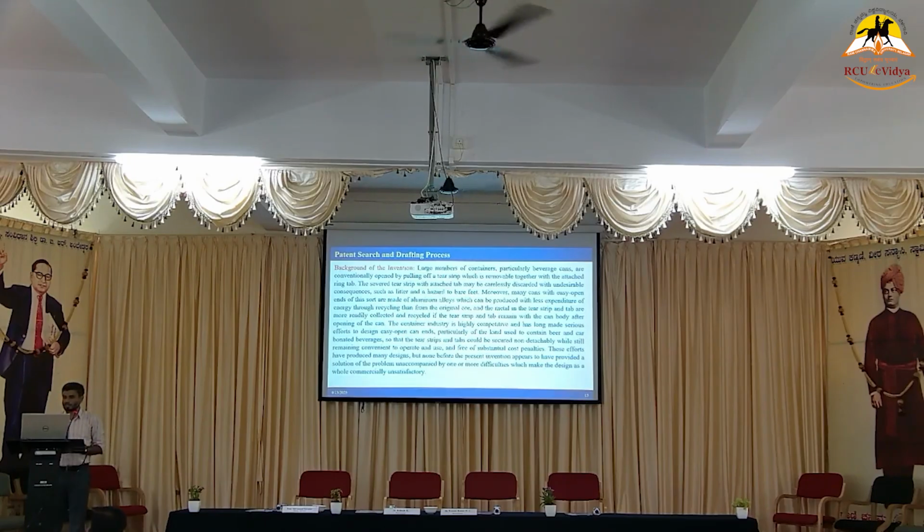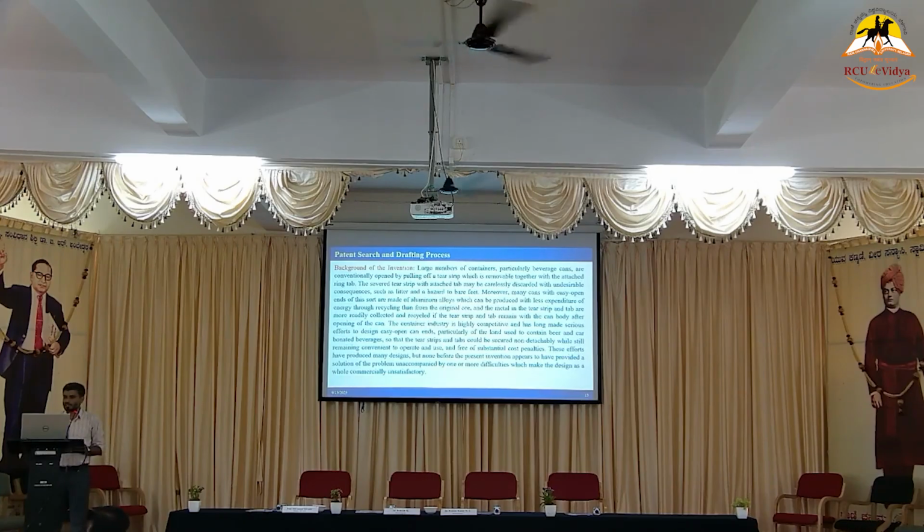Large number of containers, particularly beverage cans, are conventionally opened by pulling off a tail strip which is removable together with the attached ring tab. Earlier there was a ring and they would pull it and throw the ring. The severed tail strip with attached tab may be carelessly discarded with undesirable consequences such as litter and hazard to bare feet, just thrown outside.